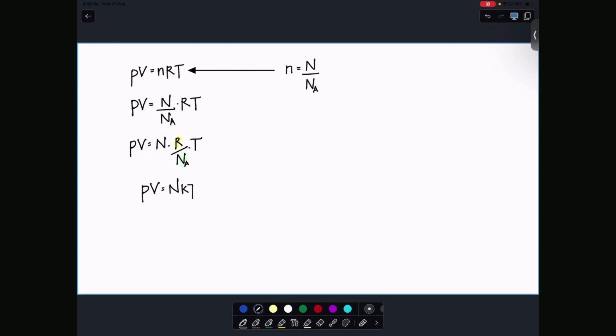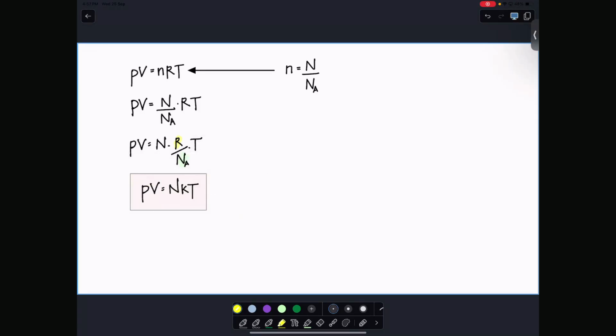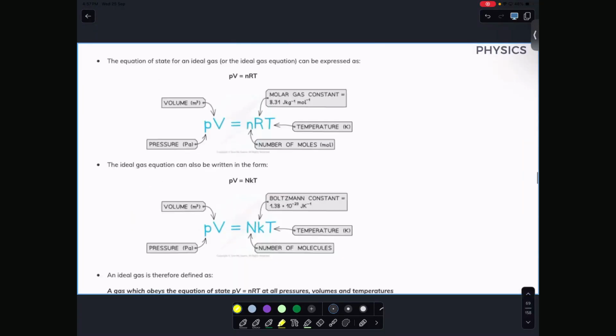So PV equals NkT. And this equation is very handy for physics, because in physics we deal with particles, not with moles. So when you're given any math to do, this formula makes more sense. PV equals NkT. k has a name. If you calculate, check, it should come to 1.38 into 10 to the power minus 23.